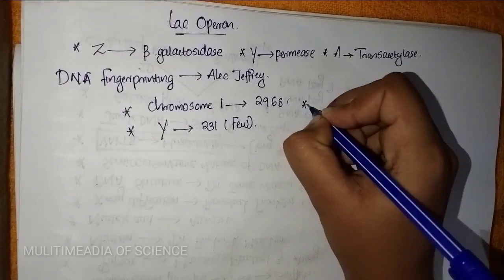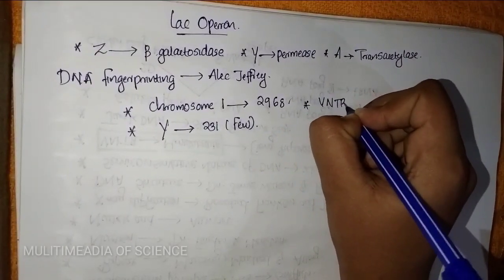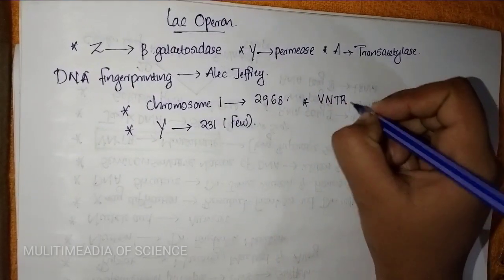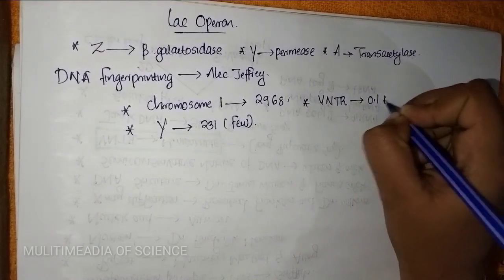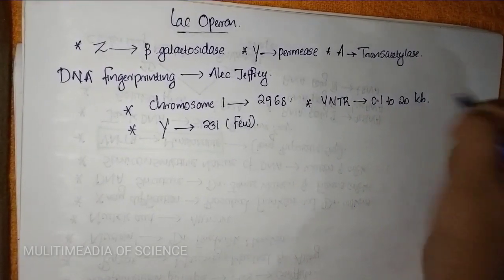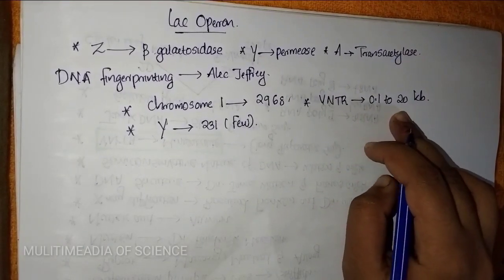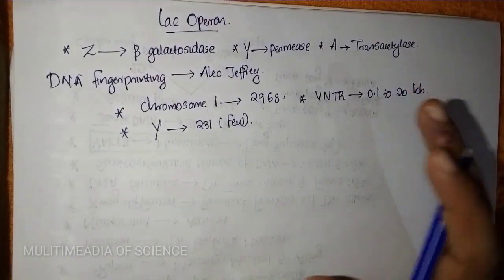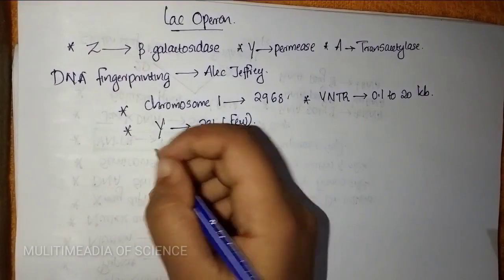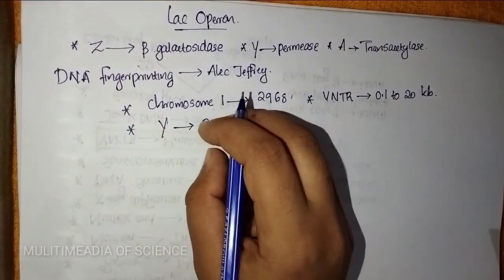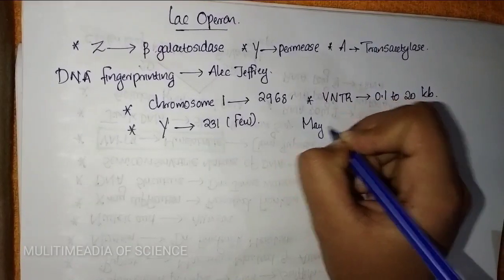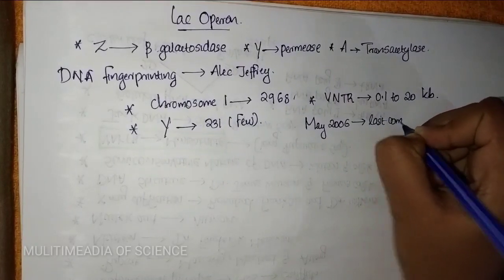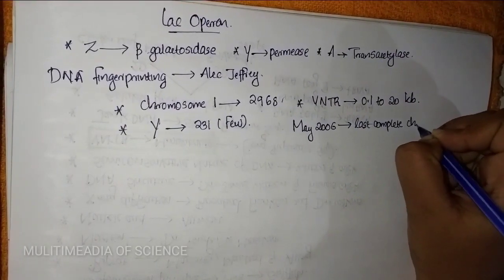Next is VNTR, the example for mini satellite already discussed, variable number of tandem repeats, and its size is 0.1 to 20 kb. Clear? Then chromosome 1 was the last one completed, in May 2006.